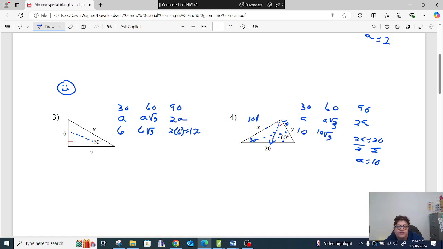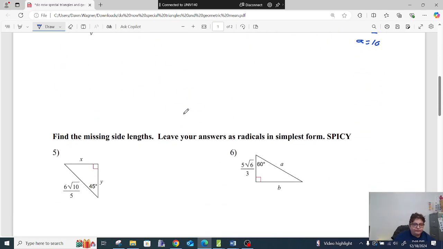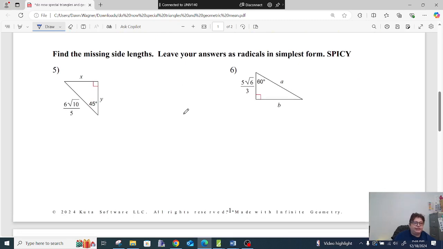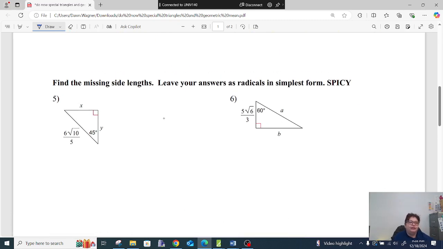Now, those are the mild ones. These are the main part of your quiz. I did challenge you and put some harder ones here. So I'm given across from the 90 on this one, right?